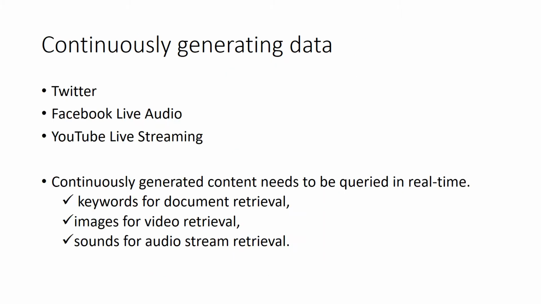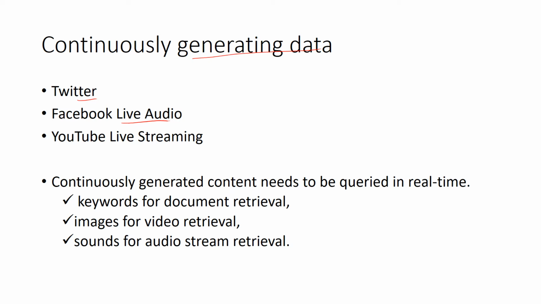And these matrices are generated continuously. For example, on Twitter, there are many short documents. Facebook live audio generates a lot of audio streams, and YouTube live streaming generates a lot of video streams.